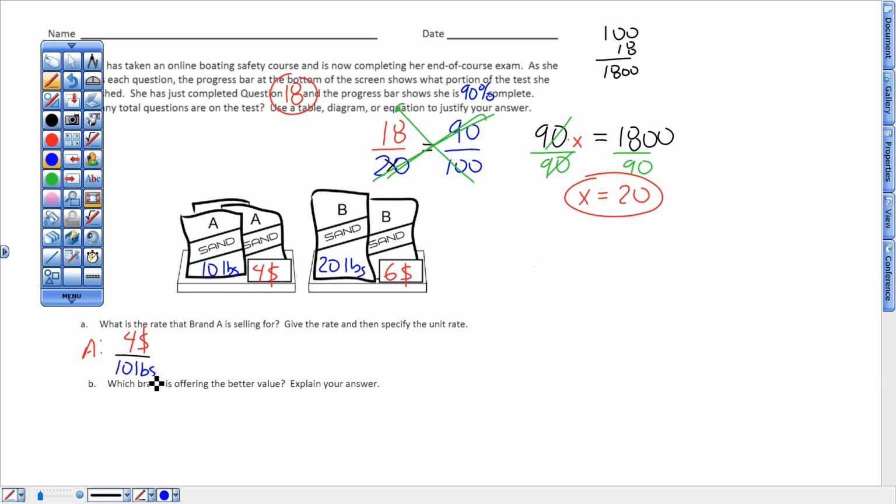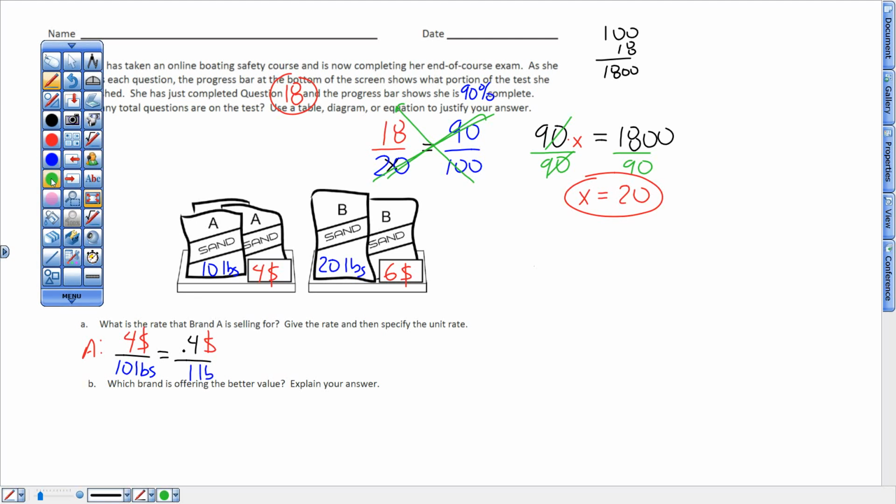If I divide that the right way on my calculator, I will get 0.4 or 40 cents or 0.4 of a dollar for every 1 pound that I'm buying. So that's telling me 40 cents for every 1 pound.